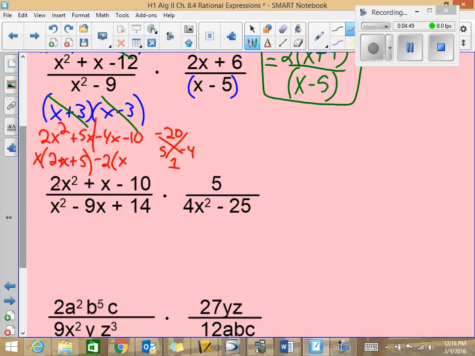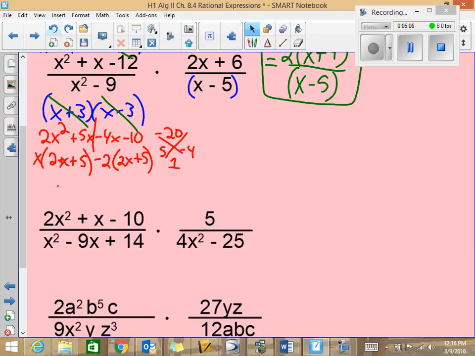So we get x, and then the sign changes to positive, we get 2x. Negative 4 divided by negative 2 gives us positive 2x. That sign changes to positive, and we get 5. So now our factors for this top polynomial are 2x plus 5, x minus 2. Everybody agree with that?